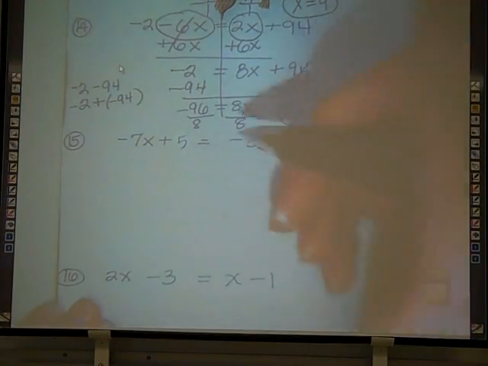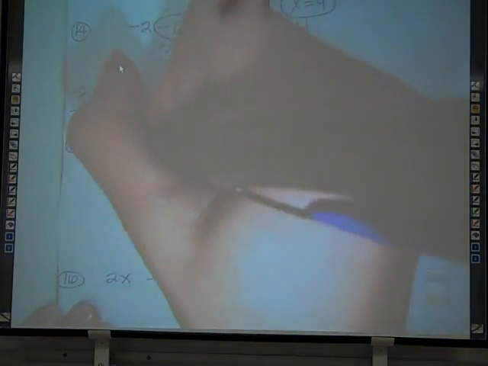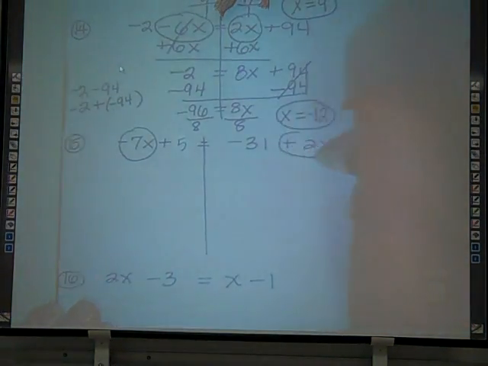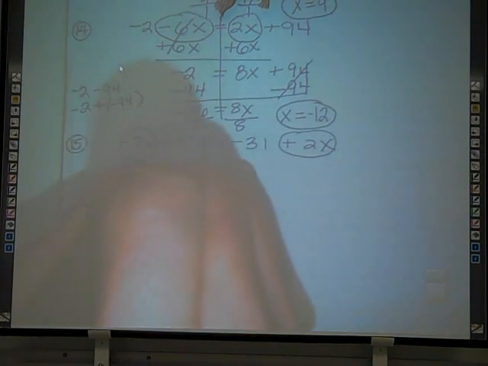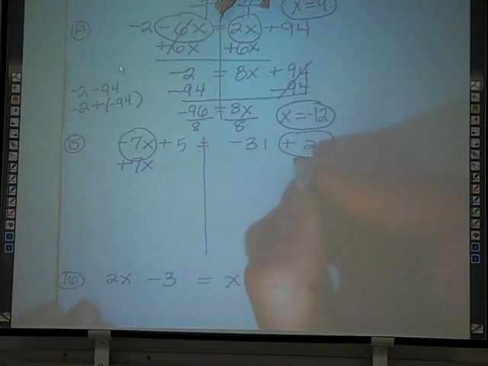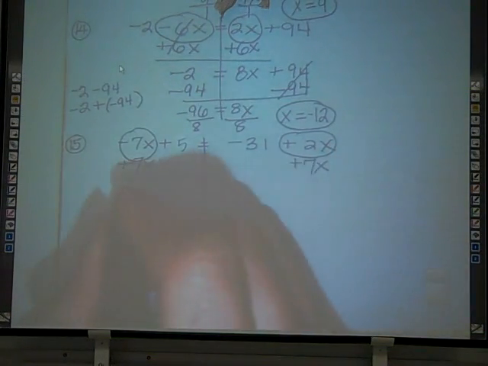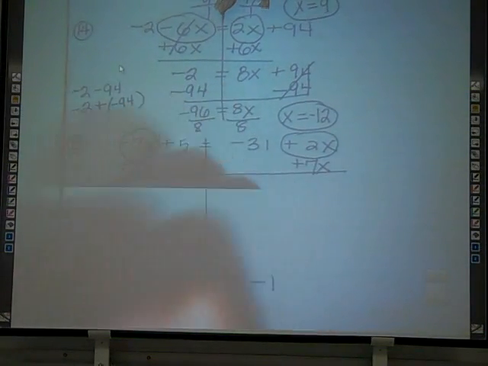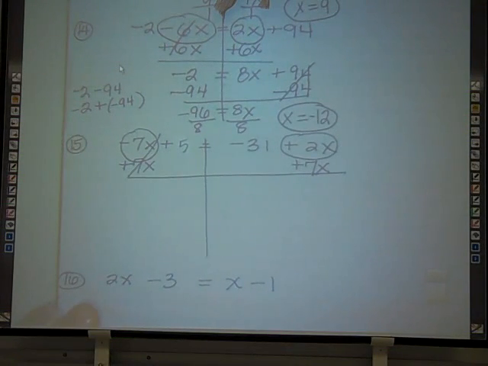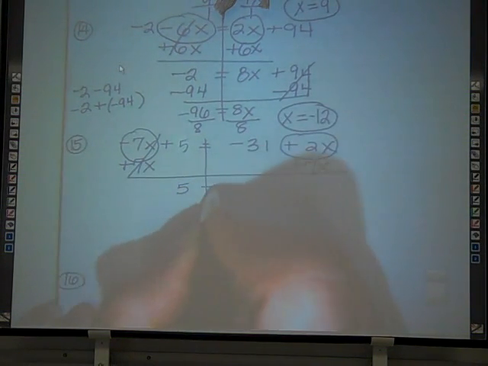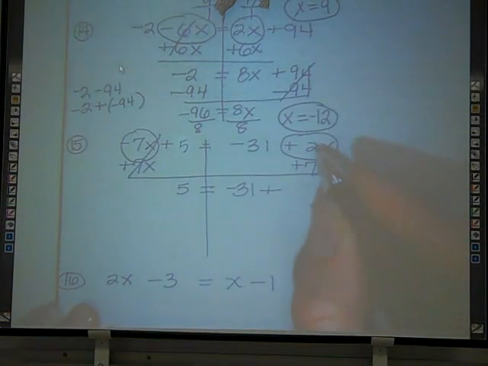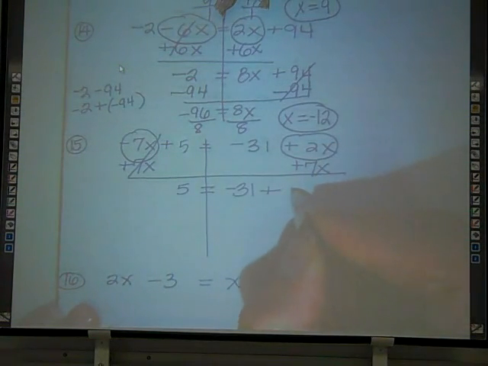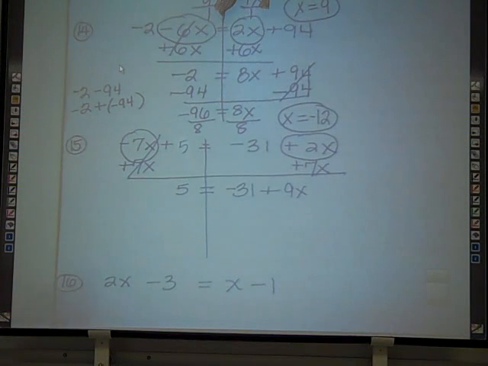Alright, number 15. Circle your two terms with the letters. Negative 7 is smaller, so let's add 7x to both sides. We are left with 5 equals, we have negative 31 plus 2x plus 7x gives us 9x.